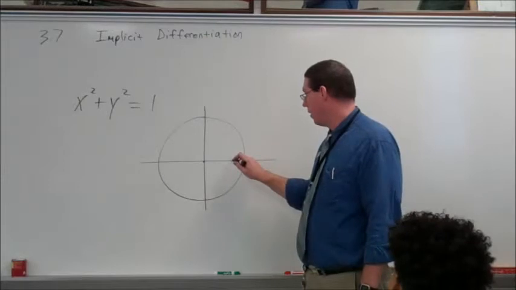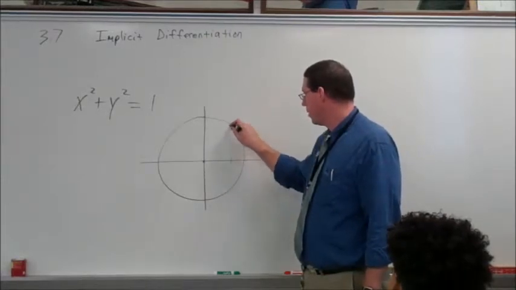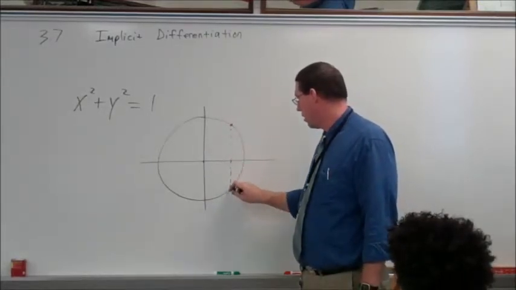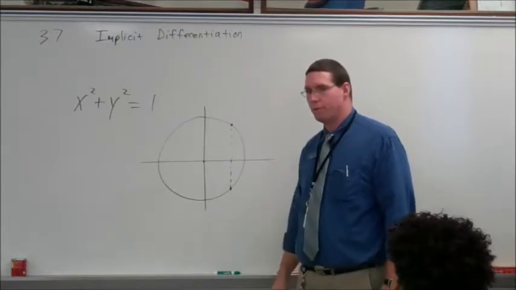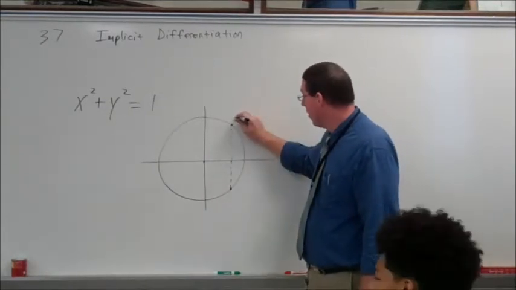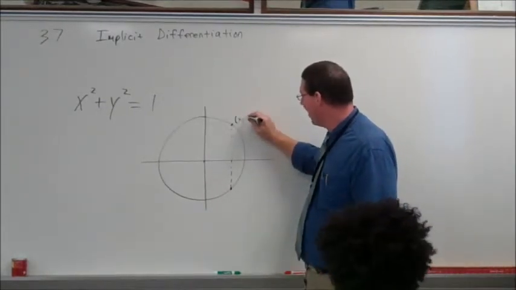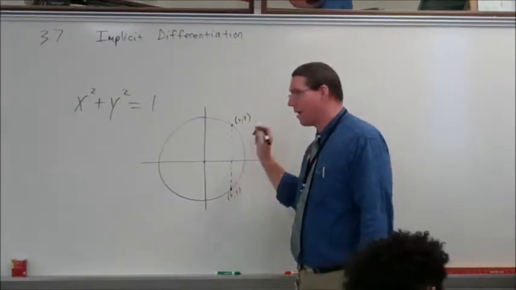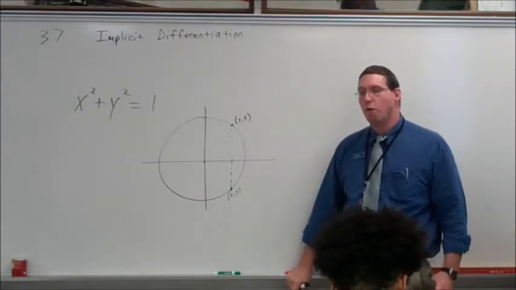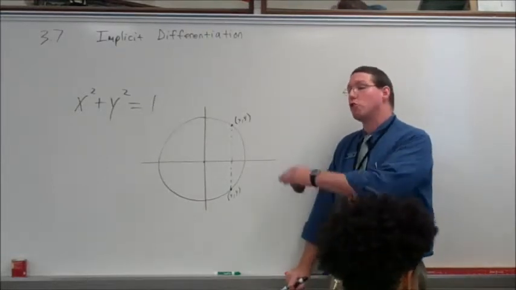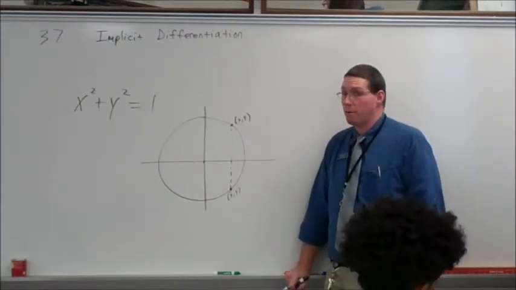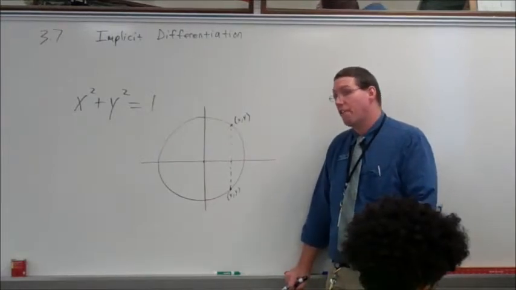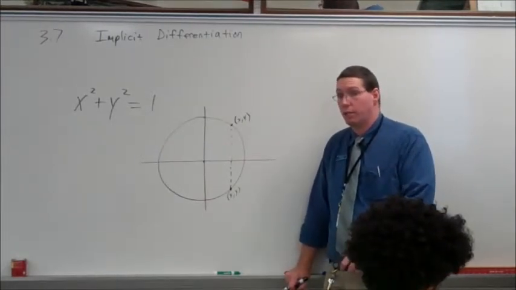Look at it. There are 2 points. This is an xy coordinate, and this is an xy coordinate, right? Both of them have the same x value. So for any one x value, I have 2 output values. So it is not a function, it is a relation.